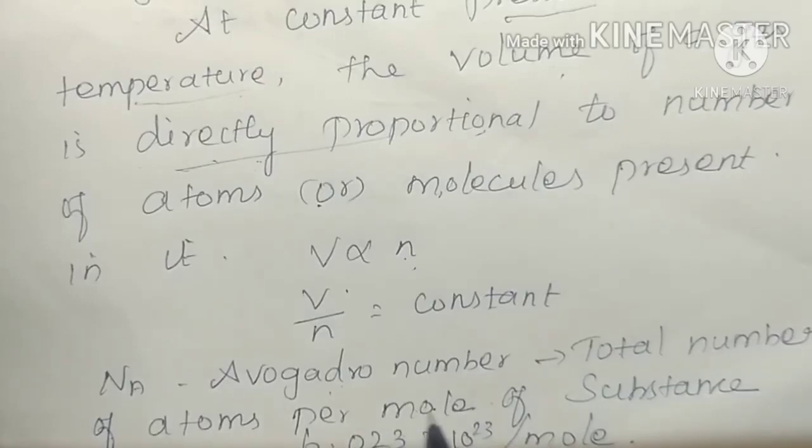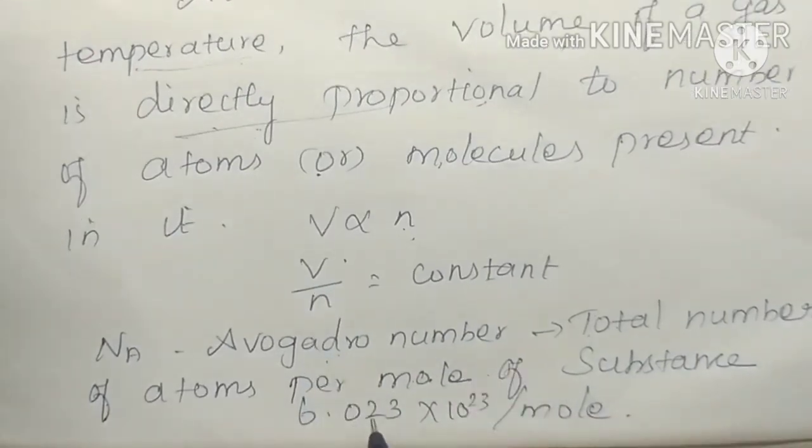For 1 mole, how many atoms are there? That is the Avogadro number, and this is a constant value, 6.023 into 10 to the power 23.